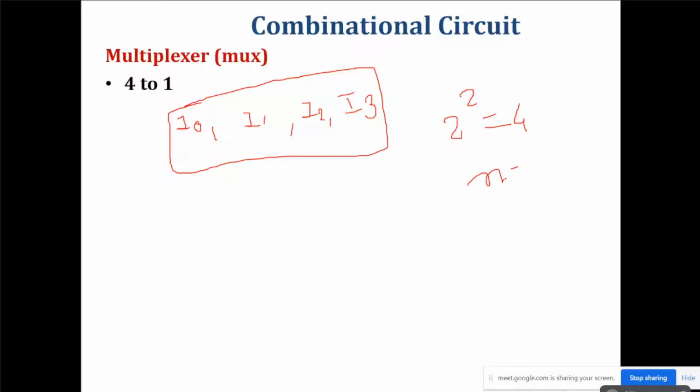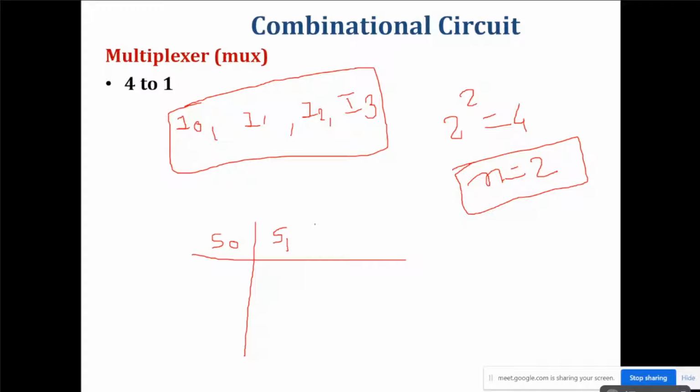N equals 2. So selection lines will be 2, S0, S1, and output Y. Combinations will be 4, and also 4 inputs. So 0 0, 0 1, 1 0, 1 1.